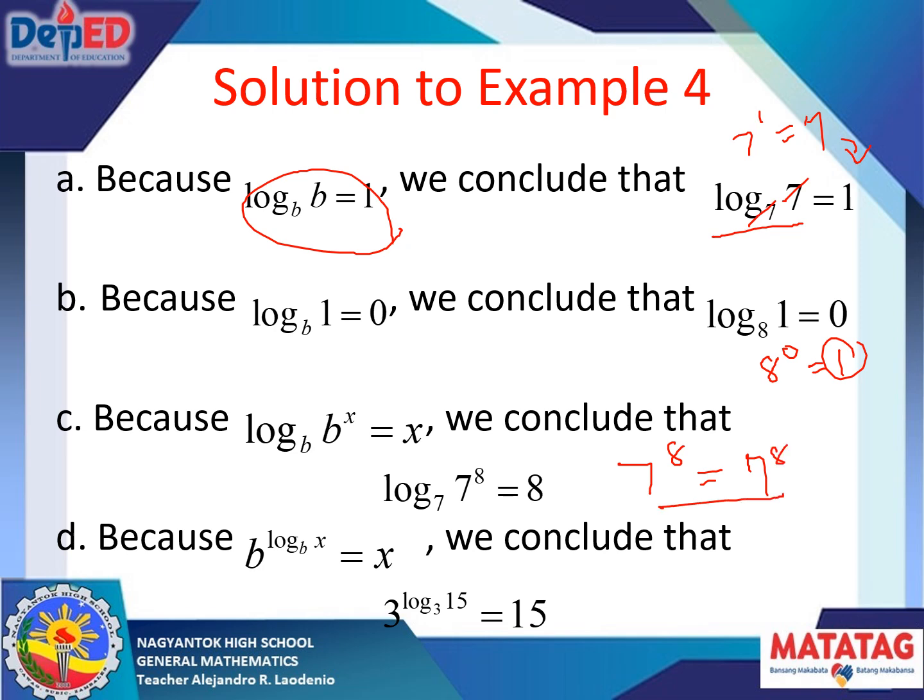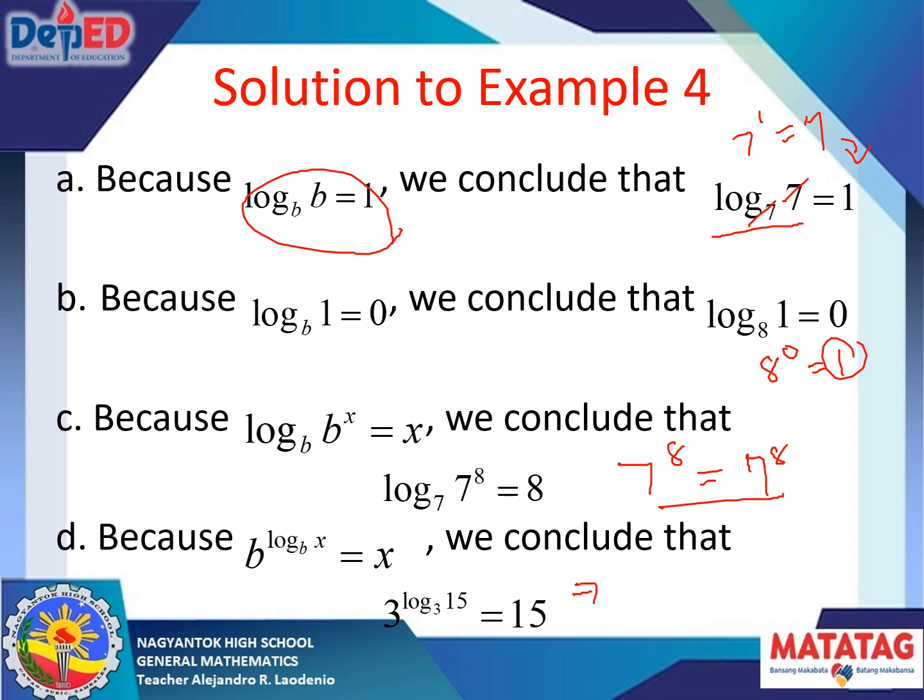Next, we have, for example, b raised to the log of x to the base b equals x. We conclude that 3 raised to log of 15 to the base 3 equals 15.